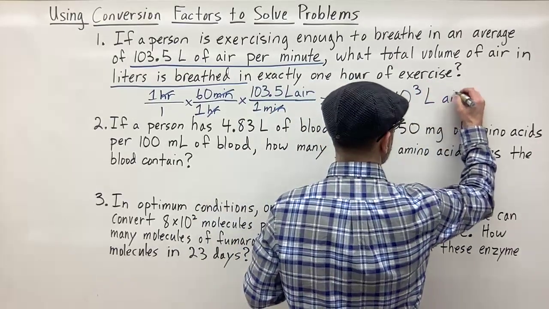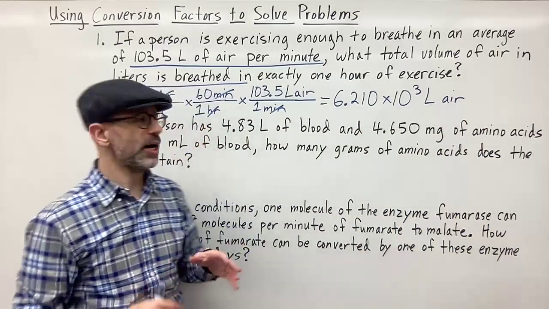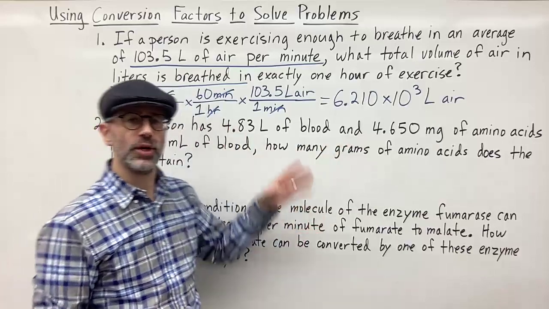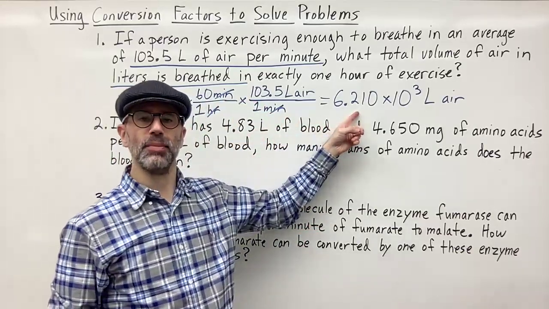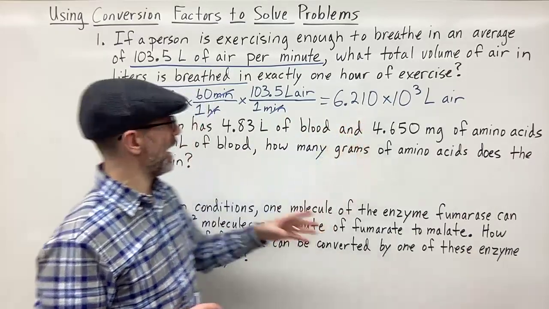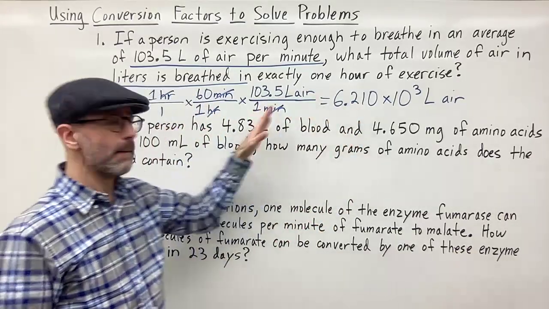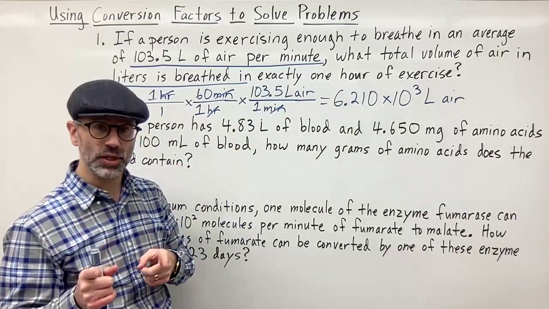Now let's look at our sig figs. Remember, when you're trying to determine the number of sig figs in your answer, the rule is when you're multiplying and dividing, your answer should have the same number of significant figures as the least number of significant figures in your measurements. We're going to ignore the exact ones though.